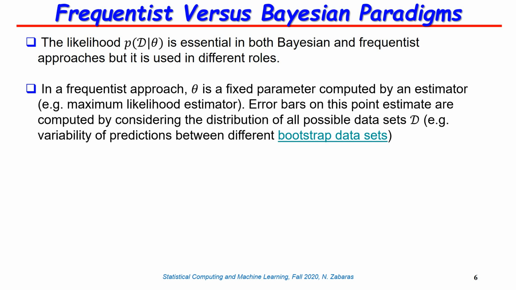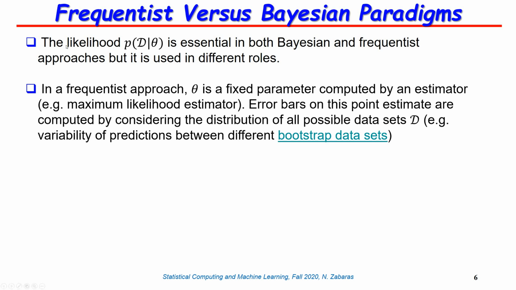So you can imagine even if you do, let's say, maximum likelihood, which we will discuss today, you use one data set, you get one parameter value, then you get another data set, you get another parameter value. The variability you observe on these deterministic estimators will give you the error bars for the parameter theta. But in a frequentist setting, theta is a deterministic variable. In a Bayesian setting, theta is a random variable.